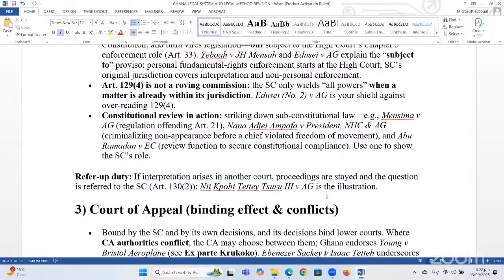So when he took the matter up, on the face of it, you would say that if it's freedom of movement, then it's got something to do with the fundamental human rights. So why not go to the High Court? But here, he was seeking the enforcement not for his personal benefit. And that was why the Supreme Court also saw it as an interpretive issue and decided to be seized of the matter rather than letting it go back to the High Court as it were, as happened in the case of Ibele Dusay against the Attorney General.